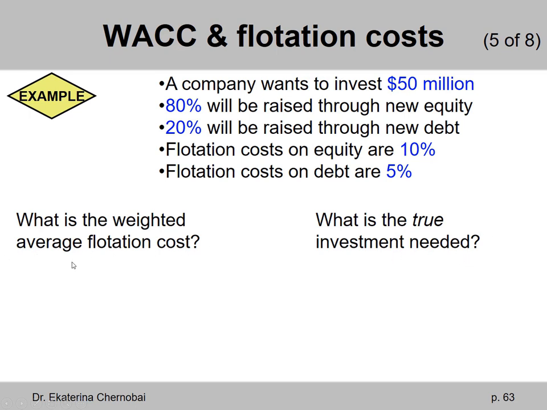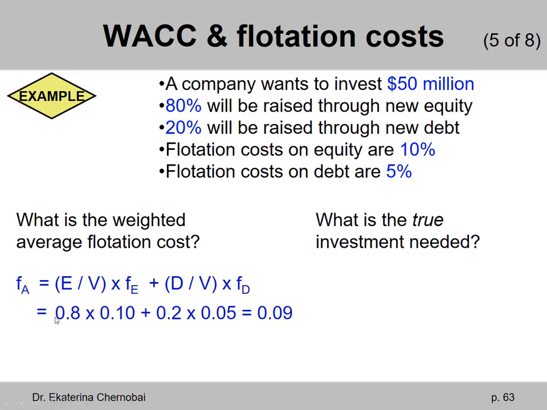To answer the first question, we need to use the weighted average flotation cost formula. Because we're only raising money from two sources, equity and debt, there is no preferred stock part in the formula. So we just have the weight of equity times the flotation cost of equity plus the weight of debt times the flotation cost of debt.